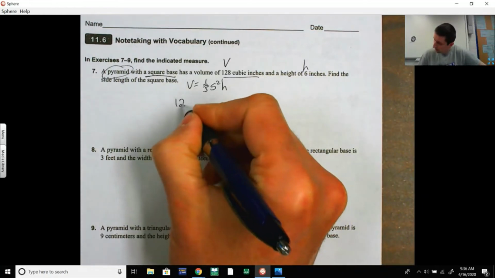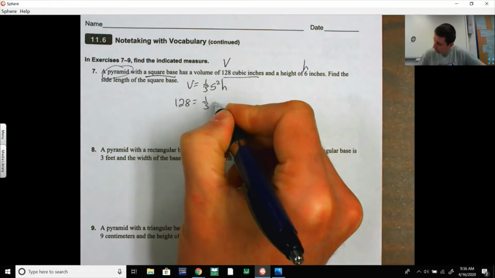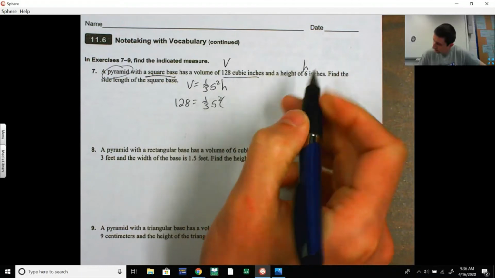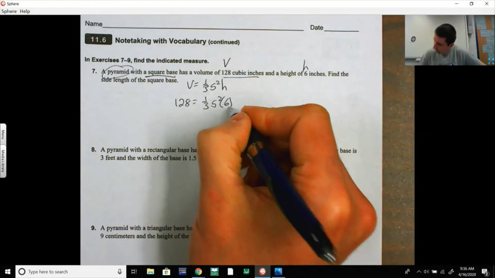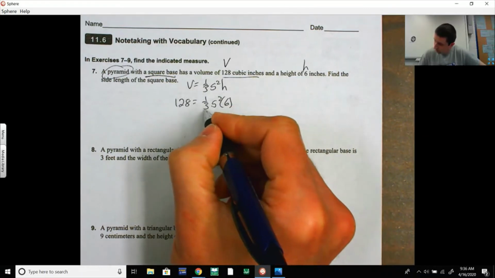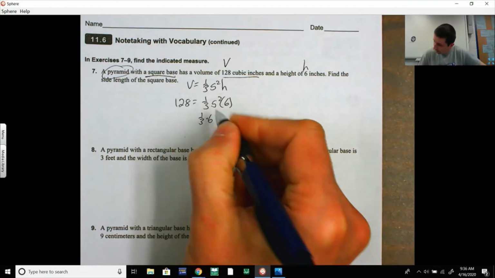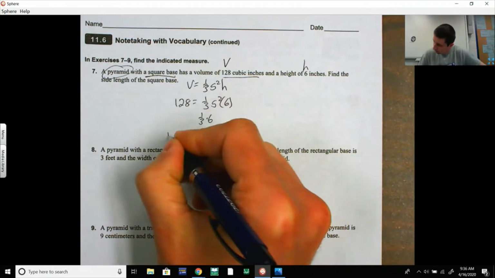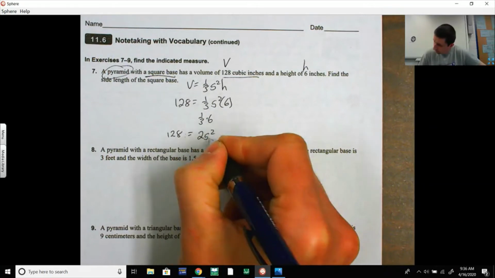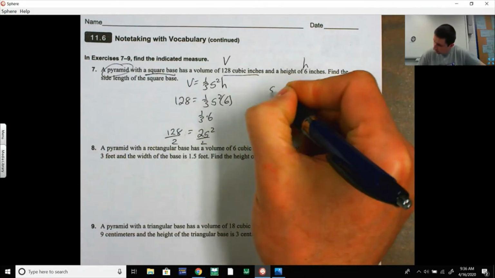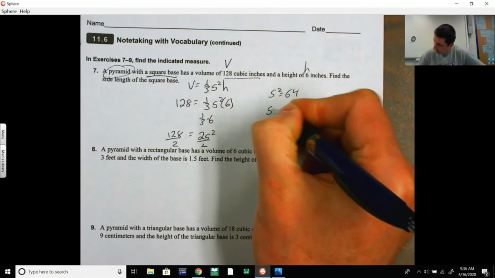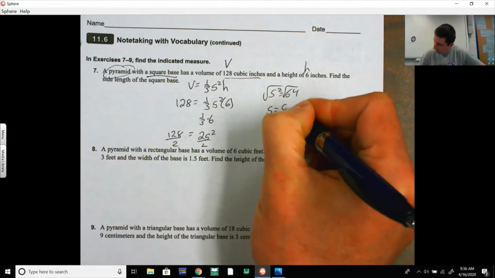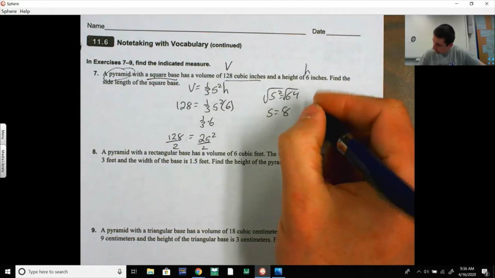So 128 equals 1/3 S squared times 6. What I'll do first is the 1/3 times 6. That would be 2. So 128 equals 2s squared. Divide by 2, and you get s squared equals 64. So s, take the square root, s equals 8. So the side length would be 8 inches.